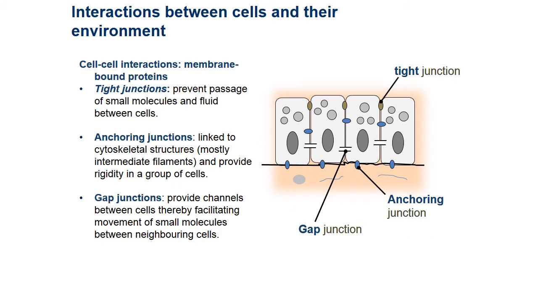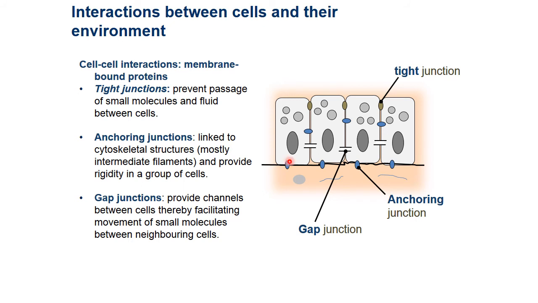Now, tight junctions that we just discussed are not the only type of junctions between cells. Important other types of junctions are the so-called anchoring junctions between cells, which link the cytoskeletons and therefore provide rigidity to a group of cells.